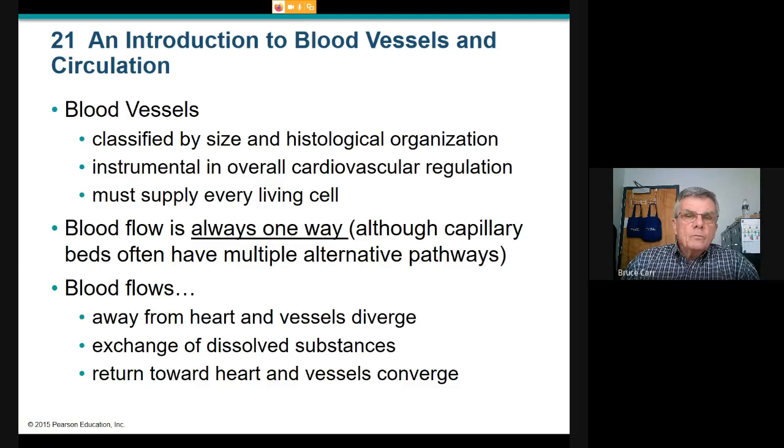In a way, my first thought about the blood vessel system, and really any branching tube system, is that it fills space and it provides a service that penetrates a 3-dimensional space. That's really what the blood vessels do.